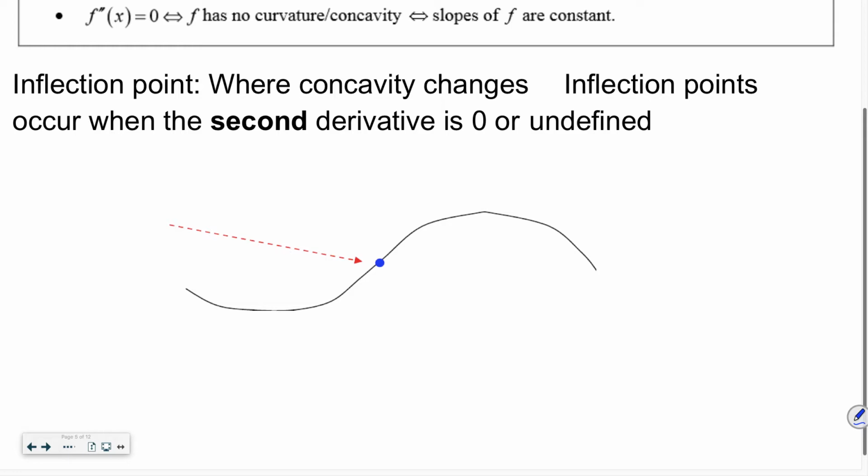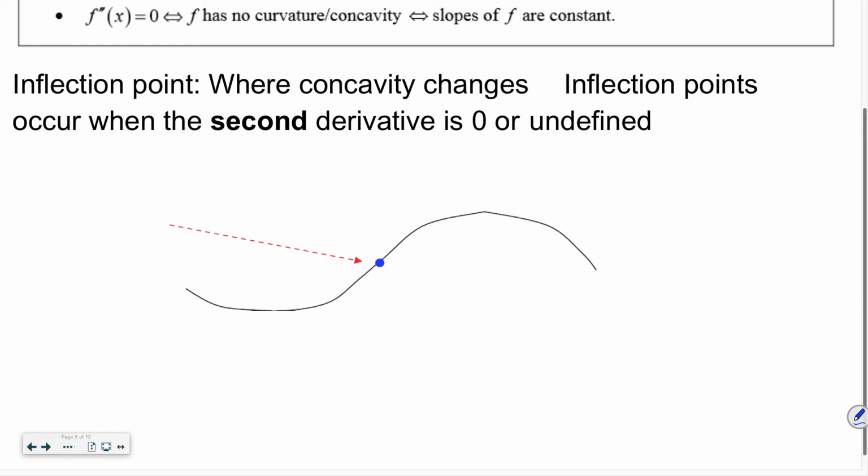I'm going to put some pictures of some possibilities as far as whether we have inflection points or not. Kind of like we did yesterday, where we took our critical points and tested to see if they were minimums or maximums. Just because it's a critical point doesn't mean you're going to have a minimum or maximum.